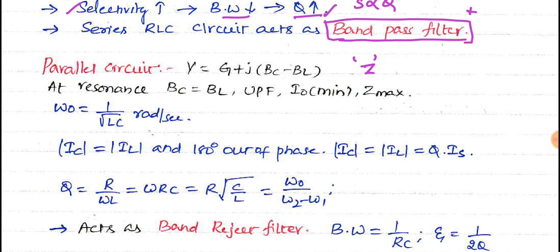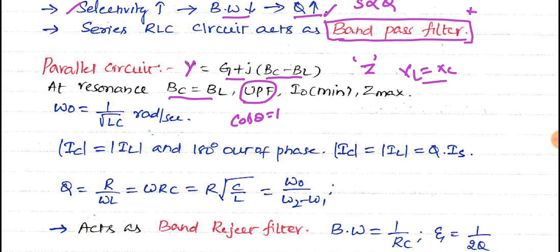Now in a parallel circuit we talk about the admittance: Y is equal to G plus j(BC minus BL). In series resonance, XL is equal to XC; similarly here, BC is equal to BL. In both series and parallel resonance, the common thing is that the circuit operates at unity power factor, that is cos theta is equal to 1.